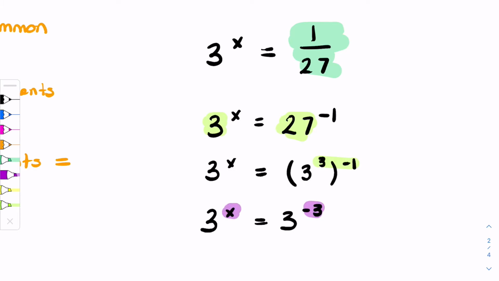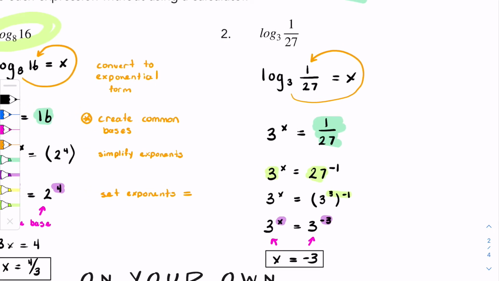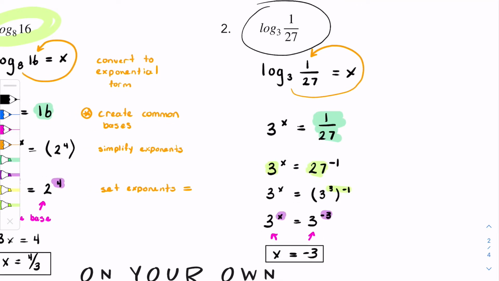Because we have the same base, we can set our exponents equal. Our exponent tells us that x is equal to negative 3. Of course, our original problem was a logarithm, so I'm going to write my final answer as log base 3 of 1 over 27 is equal to negative 3.